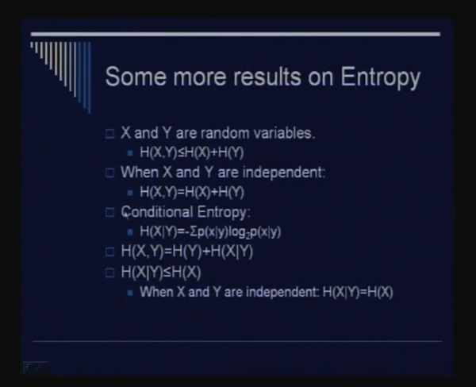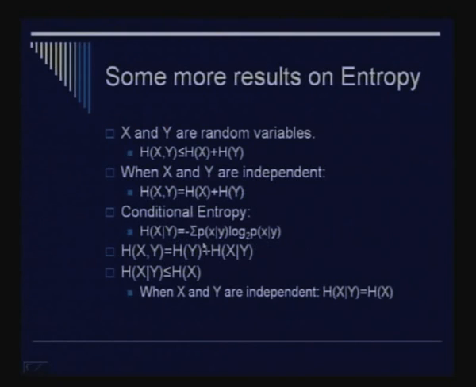So when X and Y are independent, we can write that H(X given Y) is equal to H(X), because Y doesn't give you any information. In that case we have the equality H(X,Y) is equal to H(X) plus H(Y), which is true when X and Y are two independent events.